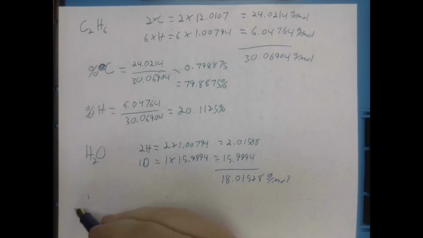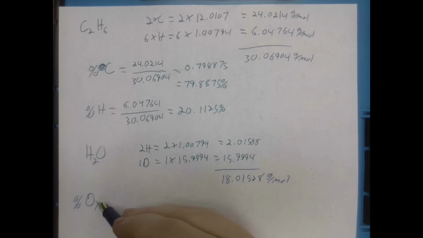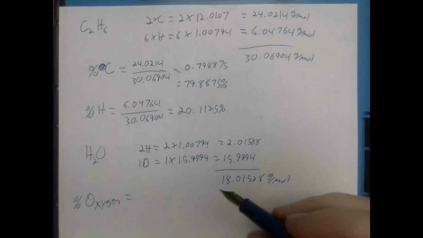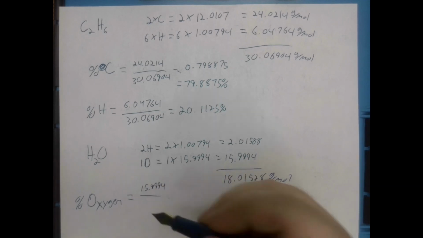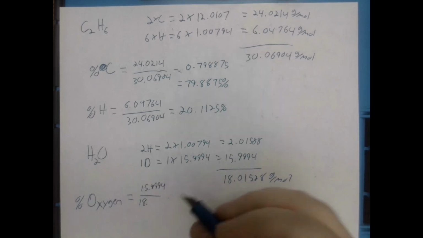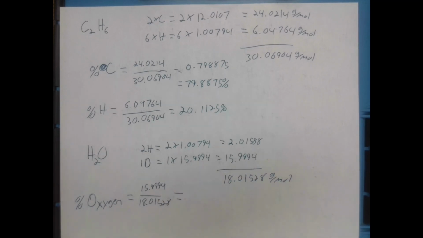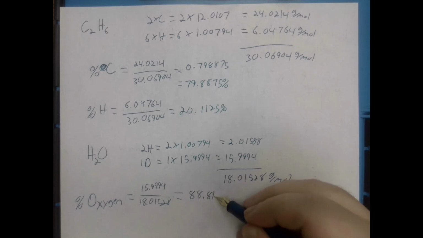So the percent oxygen would equal 15.9994 over 18.01528. Which is 88.81%.